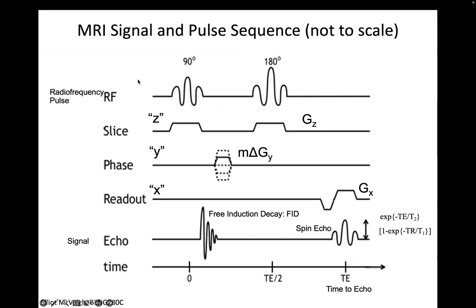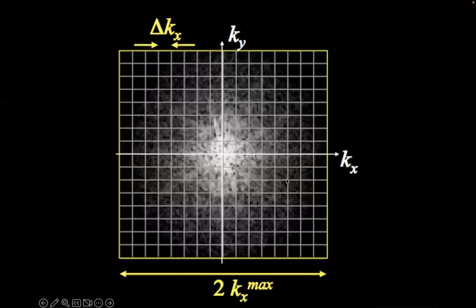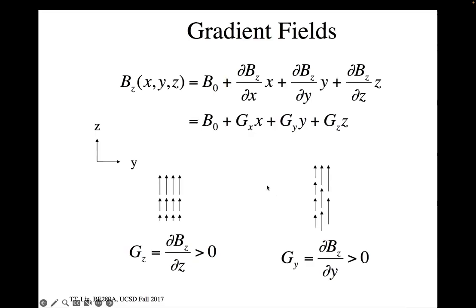And here's a review of that pulse sequence where we have a slice encoding gradient, a phase encoding gradient, and then a readout gradient to sample the Fourier transform of the object. This is actual raw data. Kx is this direction, ky is this direction. And let's recall what the gradient fields are doing. So we have a static magnetic field at, let's say, 1.5 Tesla or 3 Tesla.